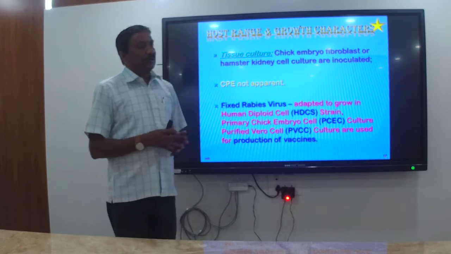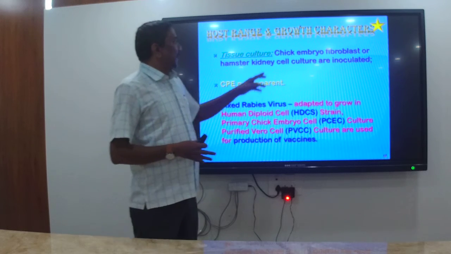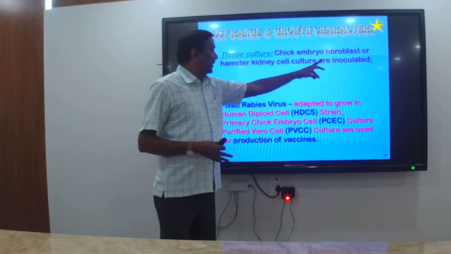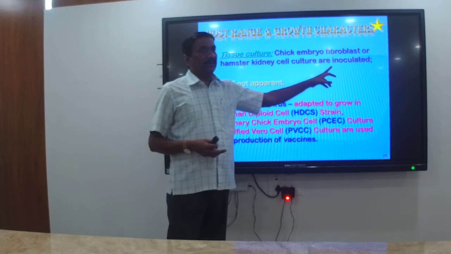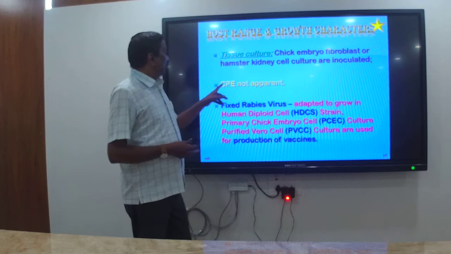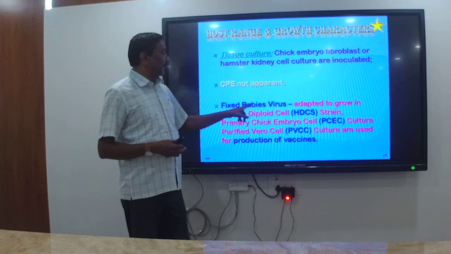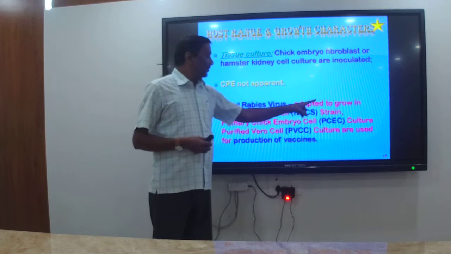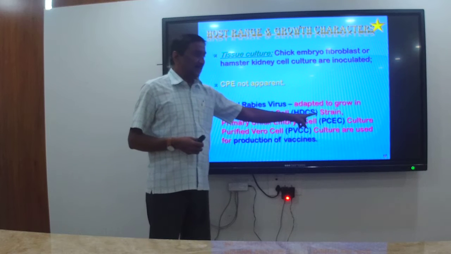Next is tissue culture, where we can grow the virus in tissue cultures as well. Chick embryo fibroblast cell culture or hamster kidney cell culture can be used for inoculation and obtaining the growth for vaccine preparation. Cytopathic effect may not be apparent, and the fixed rabies virus is adapted to grow in human diploid cell strains.